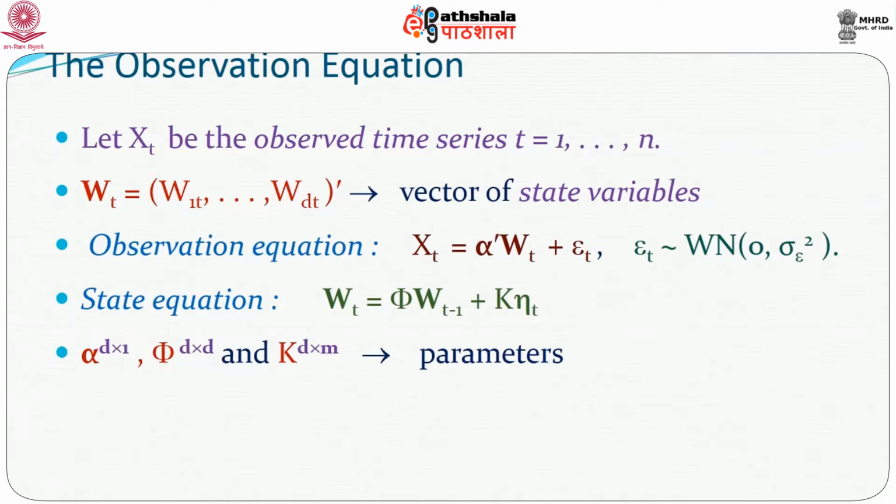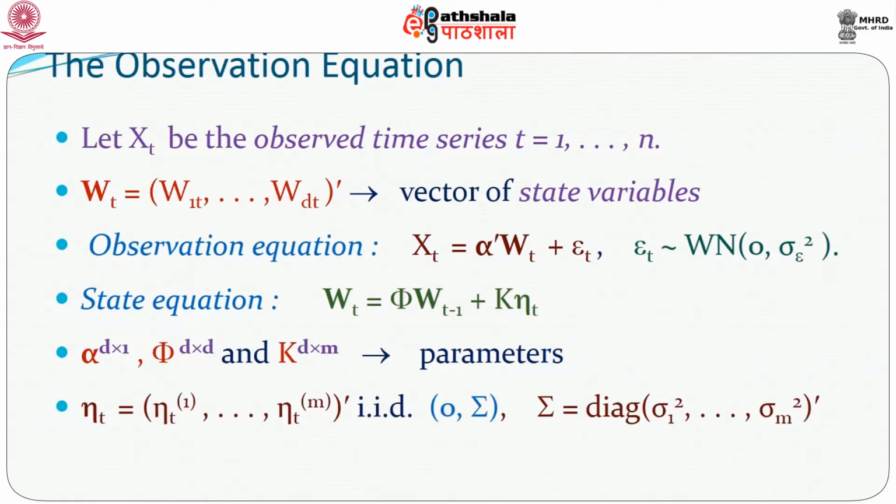In the second equation, that is the state equation, we have eta_t, which acts as the error, and we have m such eta_t's. So, we have eta_1t to eta_mt, which we put into the vector eta_t, and we assume that these eta_1 to eta_m are independently and identically distributed with 0 mean and Sigma as the variance.